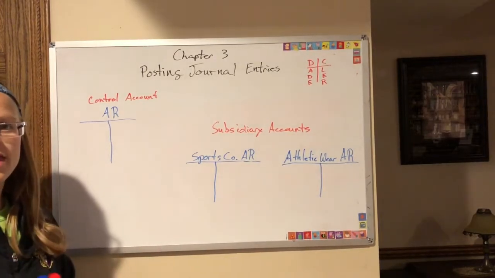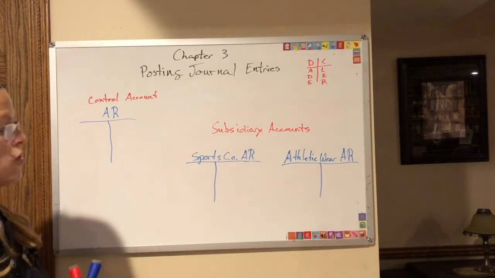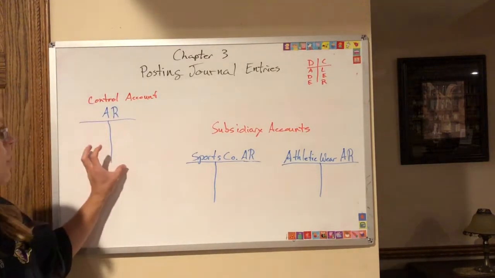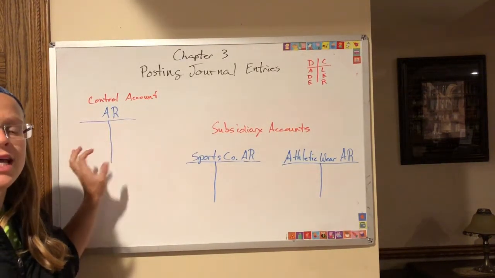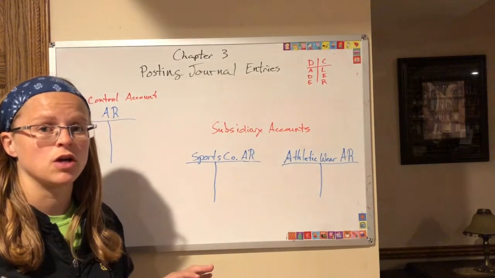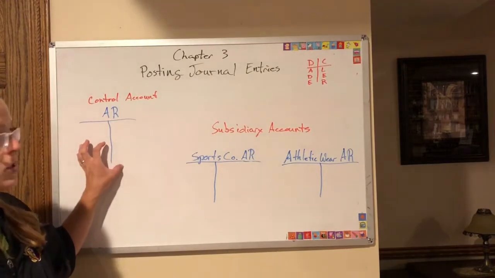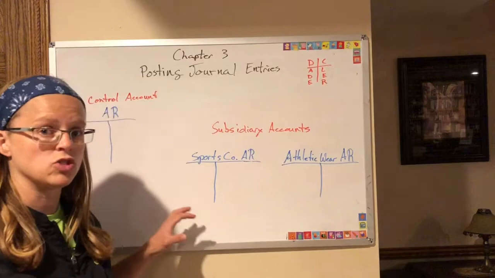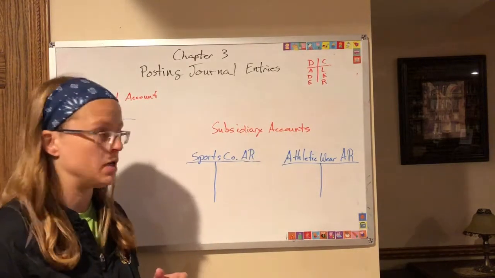All right, so with T accounts, you have the general ledger, and the accounts receivable account in the general ledger. So that's where all the T accounts are. The accounts receivable account tallies up the accounts receivable from various companies.